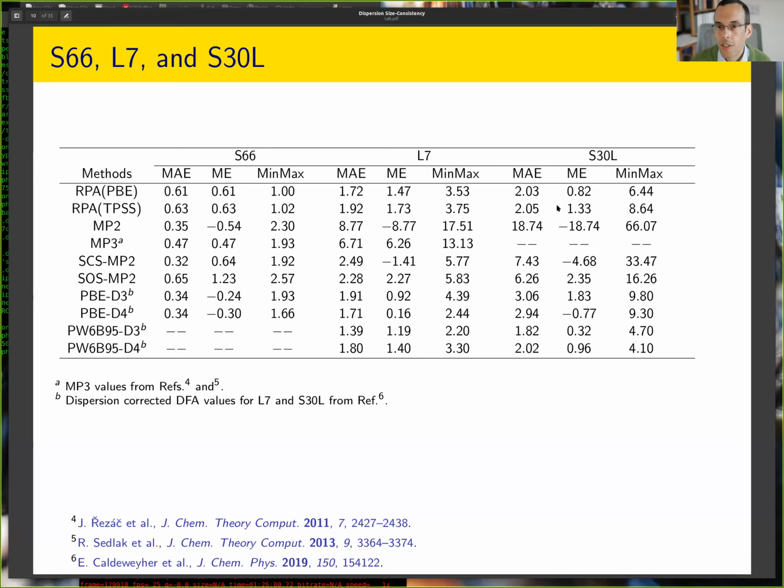And what you also see here is that RPA really stays quite nicely constant over the whole benchmark set. In fact, this is even on a relative scale a little more accurate than what you get for the smaller systems. And the dispersion corrected DFT methods here, the D3 and D4 methods, they actually also are pretty good, although they have somewhat larger outliers for these larger systems.